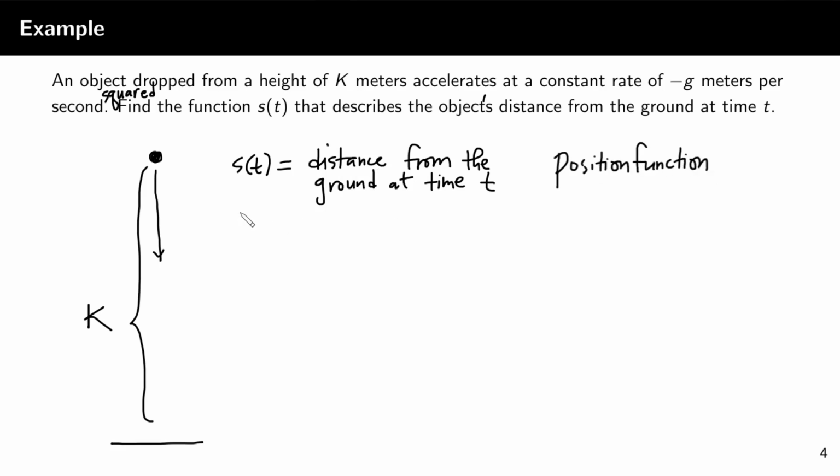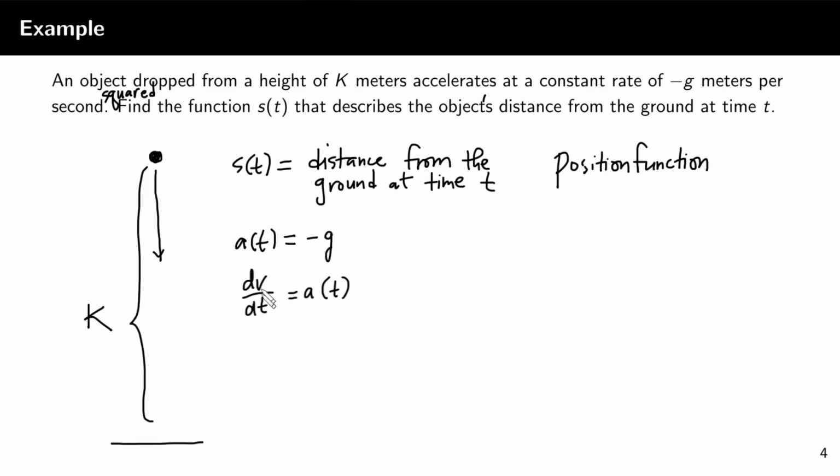This is just the position function. Hindi natin alam yung position function at first, but we know how the rate of change in the position function relates to the quantity that we know, which is the acceleration. So if we denote the acceleration function by a of t, then it will be equal to negative g. And we know that acceleration is the derivative of the velocity function, so dv/dt is equal to a of t.